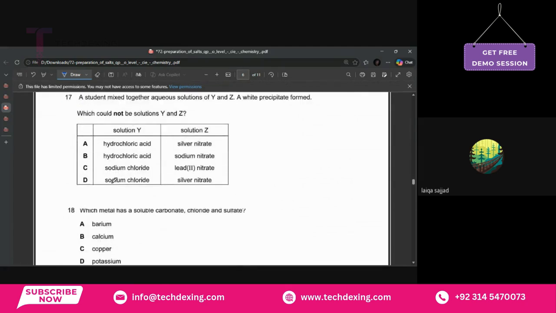Okay, then we are given that a student mixed together aqueous solutions of Y and Z, and a white precipitate formed. Which could not be solutions Y and Z? Solution Y is hydrochloric acid or sodium chloride, and Z is silver nitrate, sodium nitrate, lead nitrate, or silver nitrate again.